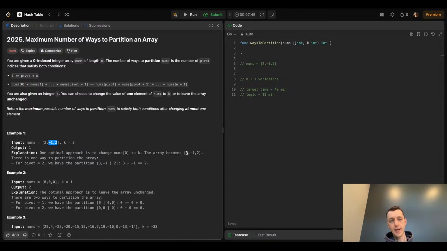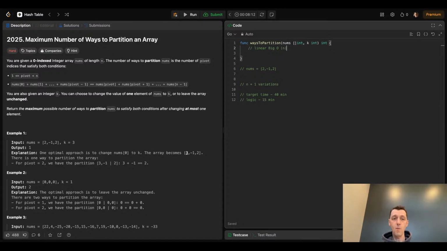That will be a linear solution, big O of n. But we have our k.